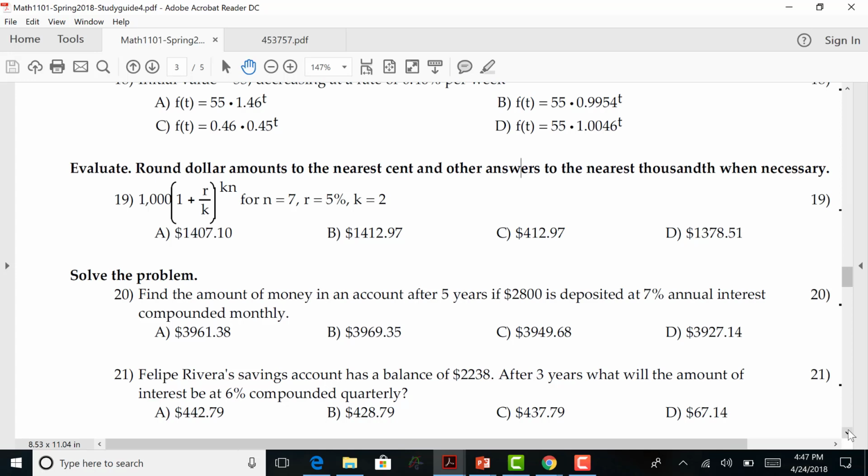What did you get? 437.79. How much money was it? 2,675.73. Okay, and then I'm going to subtract 2238 from that, and you said I get how much? 437.73.